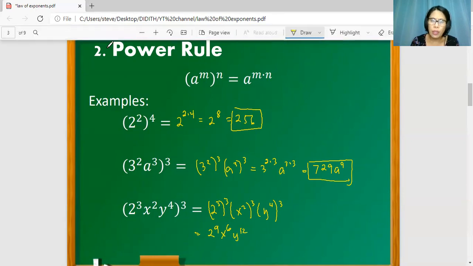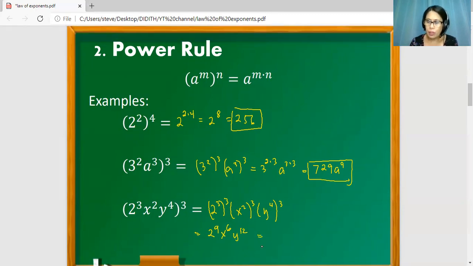What we did on the powers of each factor here is to multiply. So we have 3 times 3 equals 9, 2 times 3 equals 6, and 4 times 3 equals 12. So we have 2 to the ninth equals 512, x to the 6, and y to the 12. There.